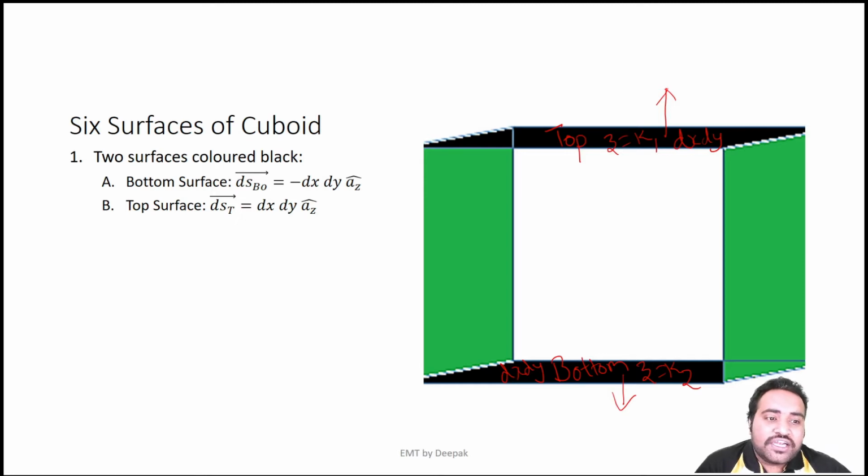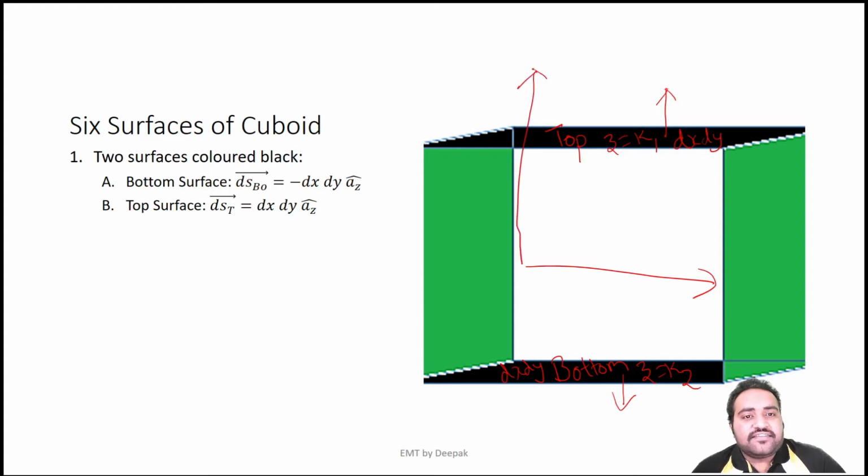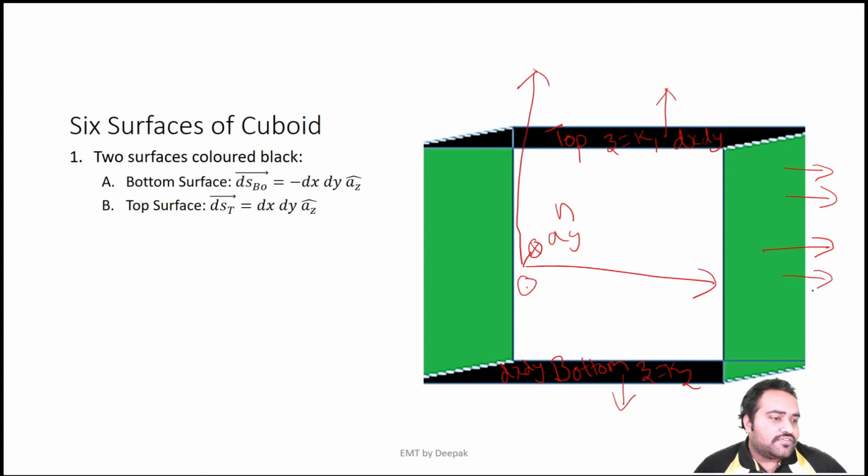Similarly, I have colored 2 surfaces in green. Our convention is that this is the x-axis, upward is the z-axis, and going into the screen is ay cap, the y-axis. So if something is going outside, that is minus ay cap. Now you see this, it is along ax cap, because this is going from left to right, whereas this is along minus ax cap.